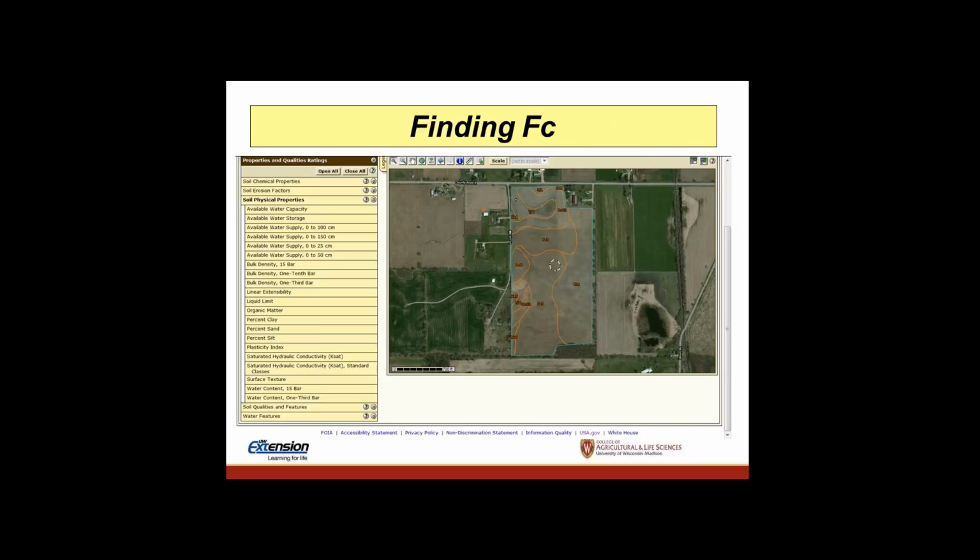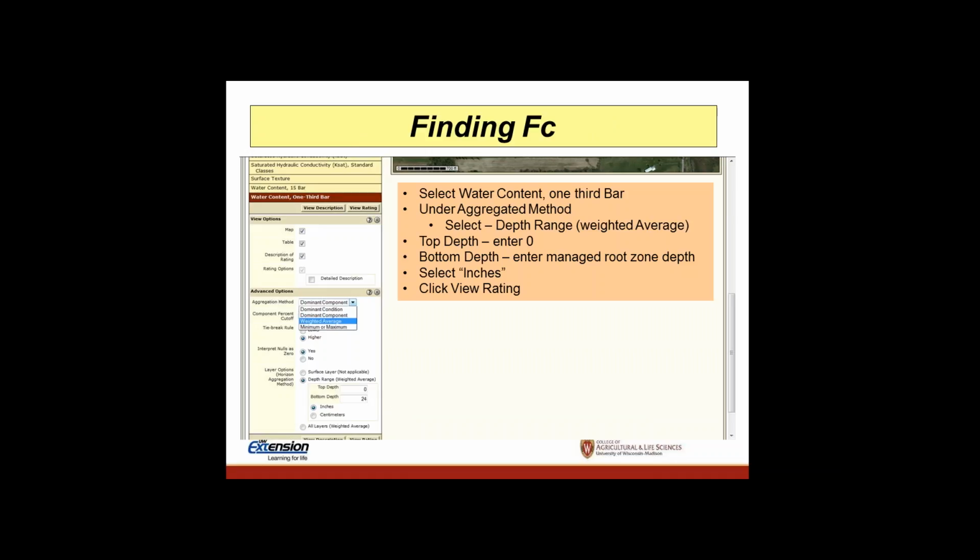So then for field capacity, I do the same thing, but I'm going to use the third bar. So I'm going to click on that. You're going to get a similar window. You're going to pick the weighted average, zero depth on top, the root zone depth for the bottom. Click on inches.